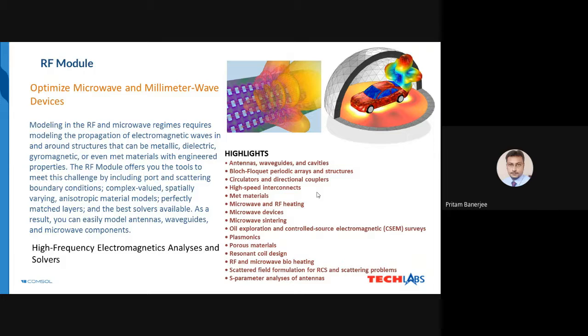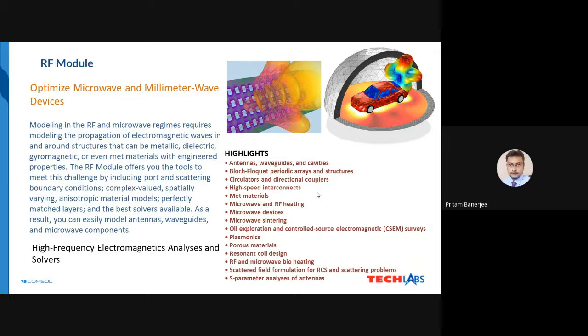For scattering and RCS, meaning radar cross section, and frequency selective surfaces, like modeling the transmission, reflectance and diffraction of frequency selective surfaces, and general purpose periodic structures, the RF module could be used.